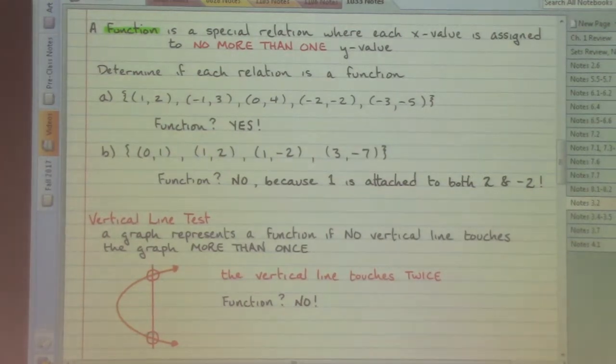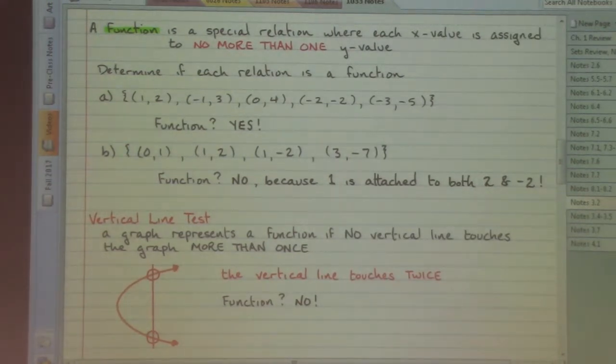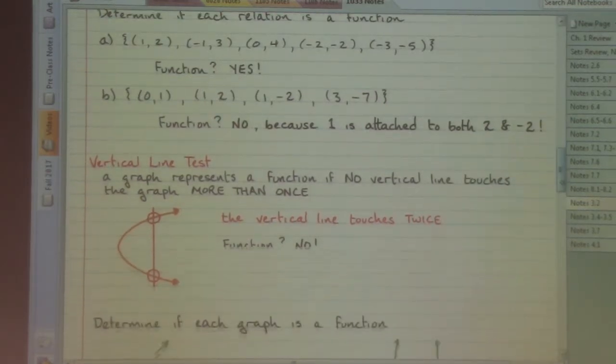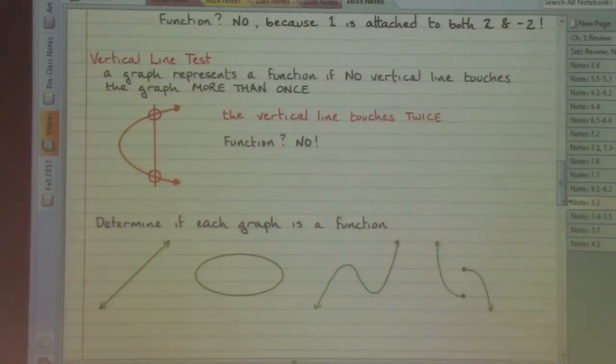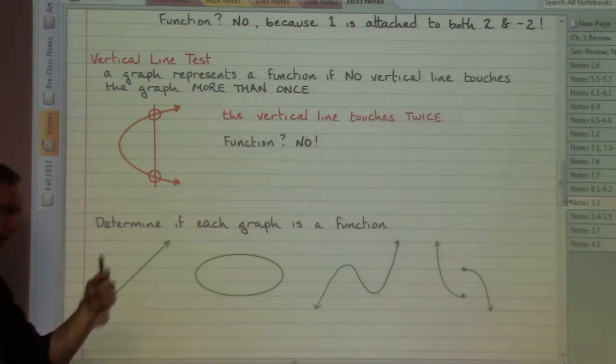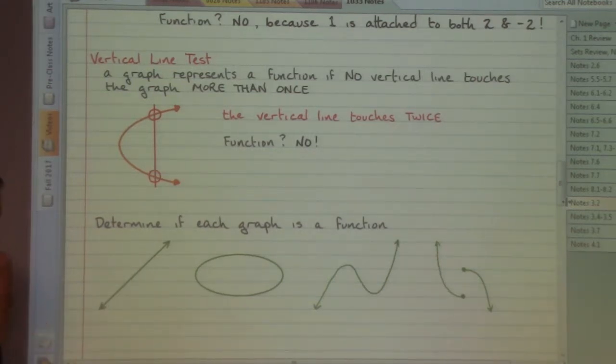If I have even one vertical line that hits my graph more than once, then it fails the test. It's not a function. So that means that we can look at some other pictures and kind of test things out about whether the drawings that we have would represent functions. So the arrowheads are still an important sort of thing to recognize.